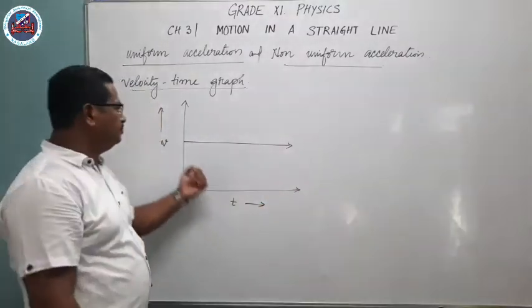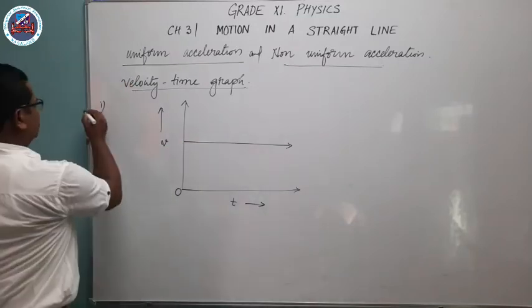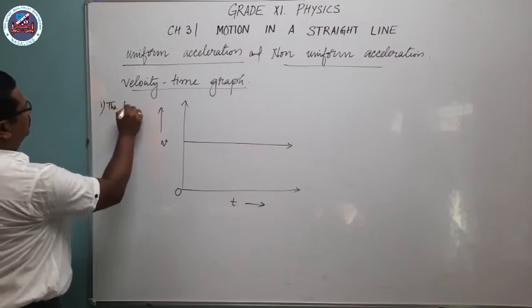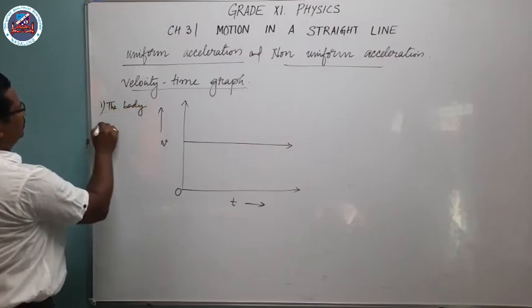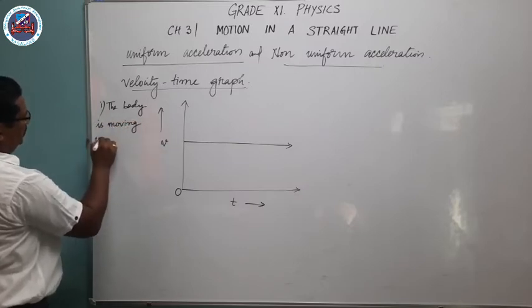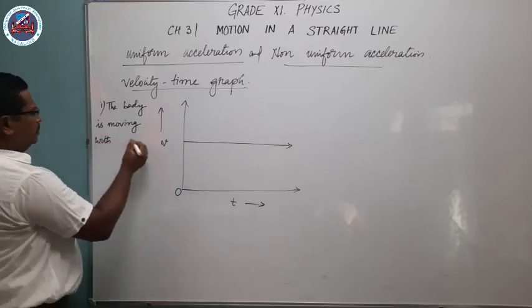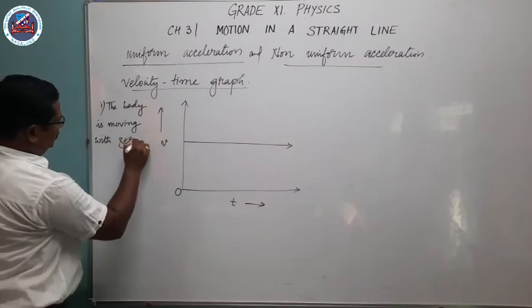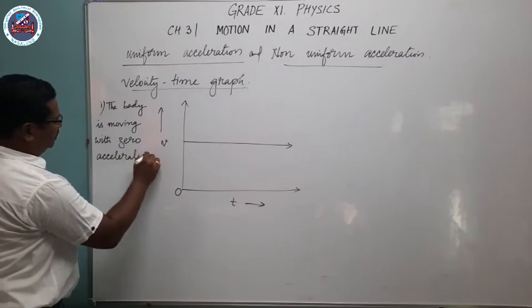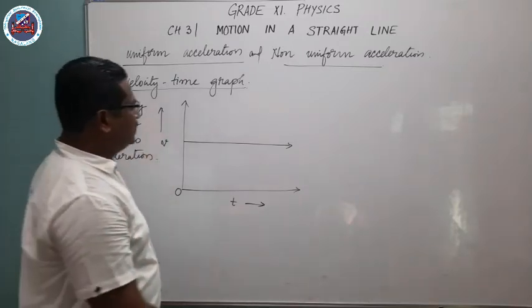Time will keep increasing while the body is traveling, so it will indicate a straight line here. This indicates the body is moving with constant velocity or zero acceleration. The velocity is remaining the same. Then it will look like this. Let us see the second one.